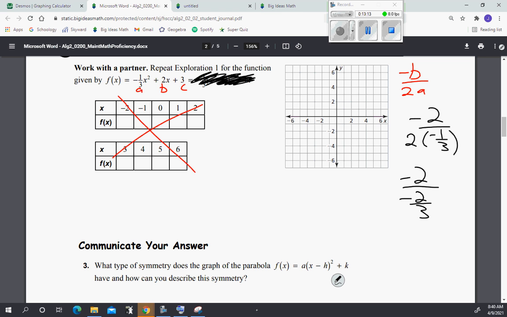How do we get rid of a fraction in a fraction? Multiply by the reciprocal. So this cancels out to be 1, and on top we get 6 over 2, which is equal to 3.